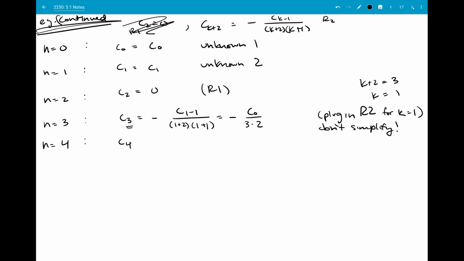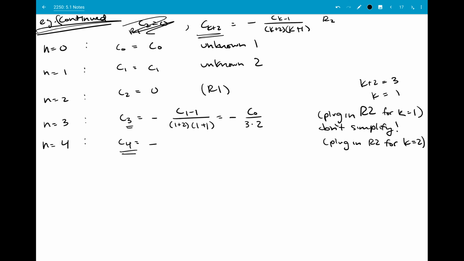Now we're on n equals 4. So C4, again, we're going to be using R2. Plug in R2 for, we went up 1, so we know we're going to have k equals 2. We could also think through if we want k plus 2 equals 4, that means k is 2. Basically, we want the number on the left-hand side to match what we're trying to become.